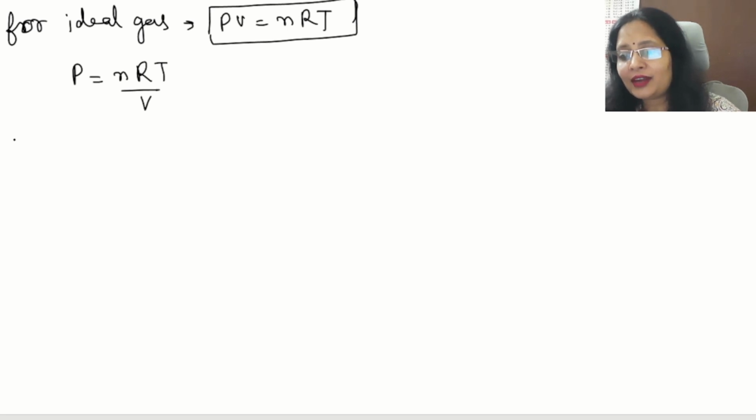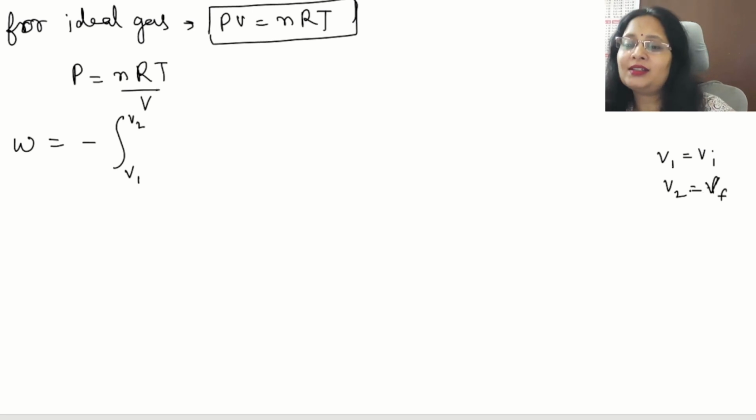So we can write here W is equal to minus integration from V1 to V2. What is V1, V2? V1 is equal to V initial and V2 is equal to V final, because in the numericals or in the equations in the books, it is not V initial, V final, it is V1, V2.